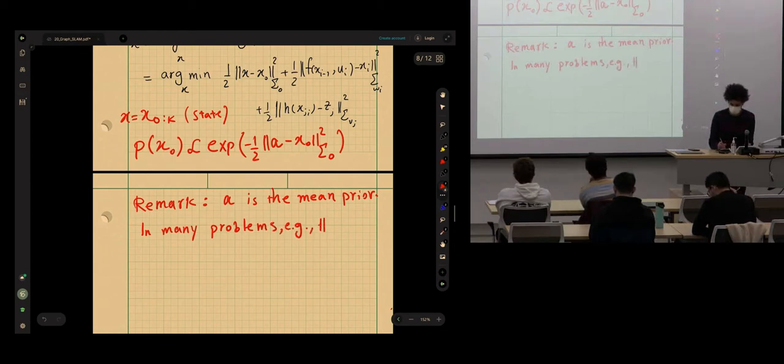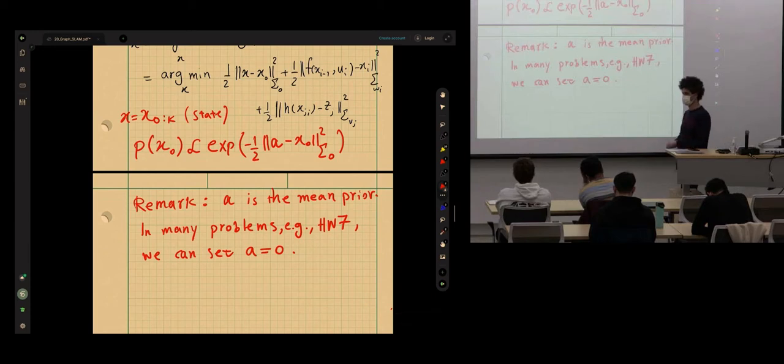Example, homework 7. We can set A equal to 0. 0 for pose means identity for the rotation, and 0 for the position.